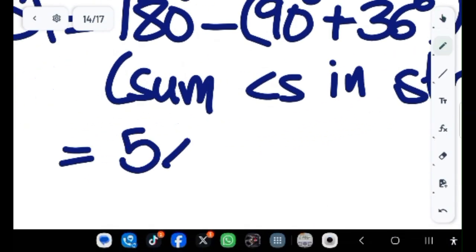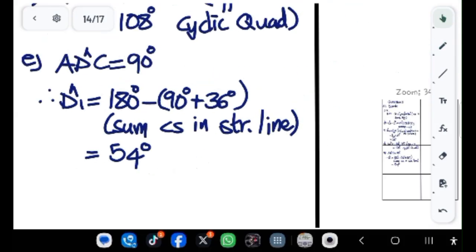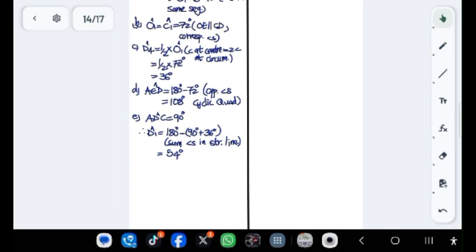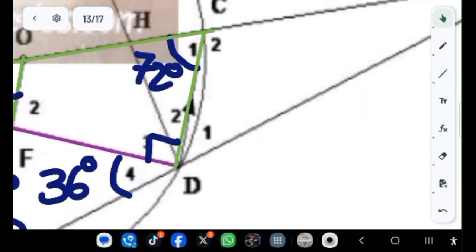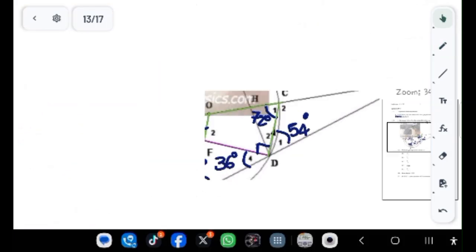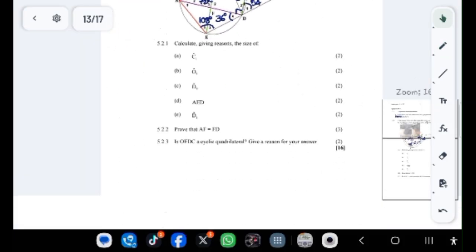D1 equals 54 degrees. Let's pencil it in. You're done.